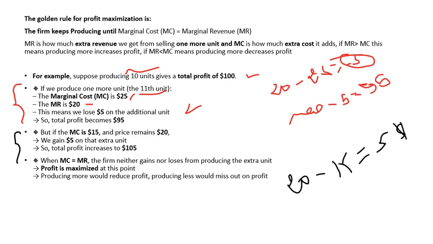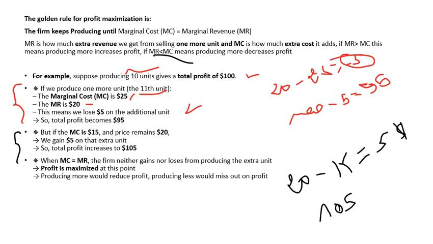So the firm will make an additional $5 profit from the additional unit sold. Which means the total profit after selling the 11th unit will become $105 instead of $100, which means the firm can still make more profit.